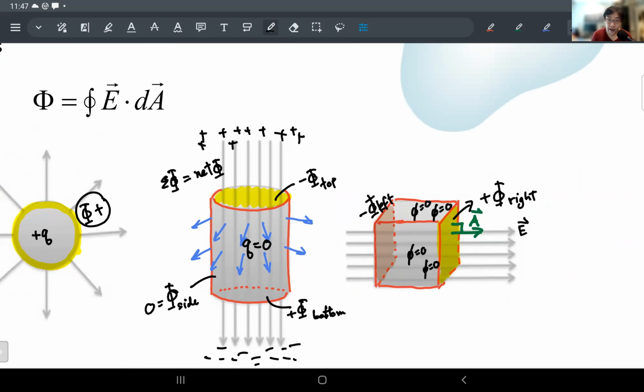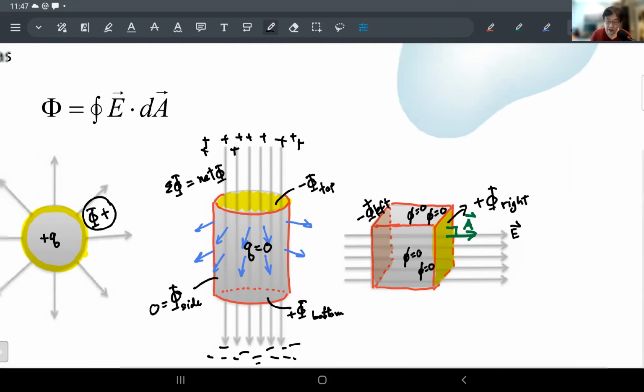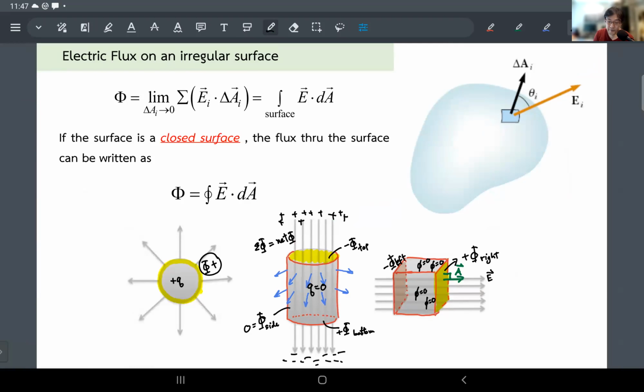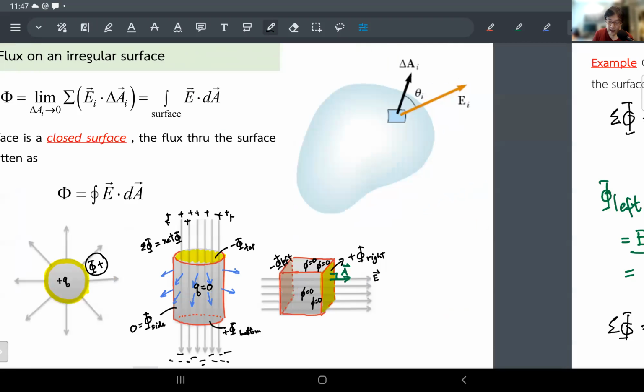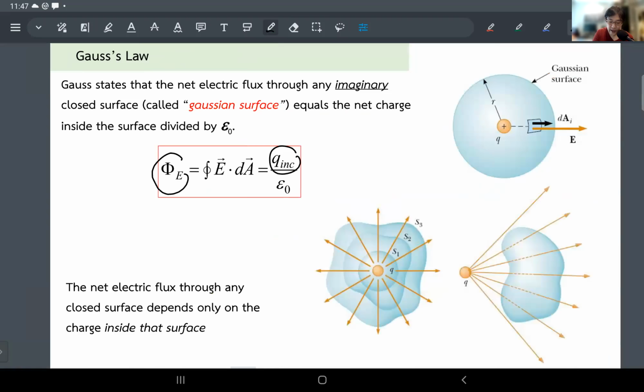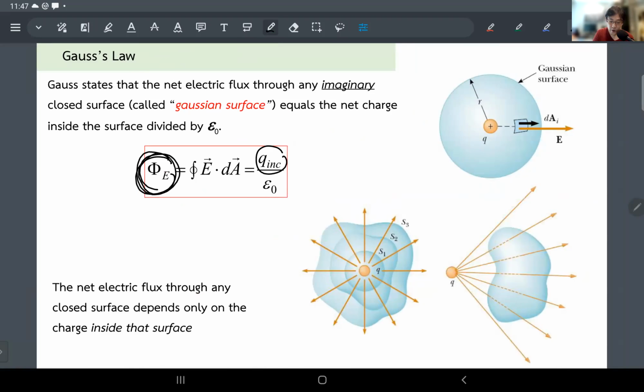Okay. So if you like this, then Gauss said, if you know how to calculate flux, flux will link to the charge inside one-to-one. One-to-one means, linearly. And of course, because we want to make things like in an SI system and we didn't introduce any constant in front of the flux equation before, now we need it.